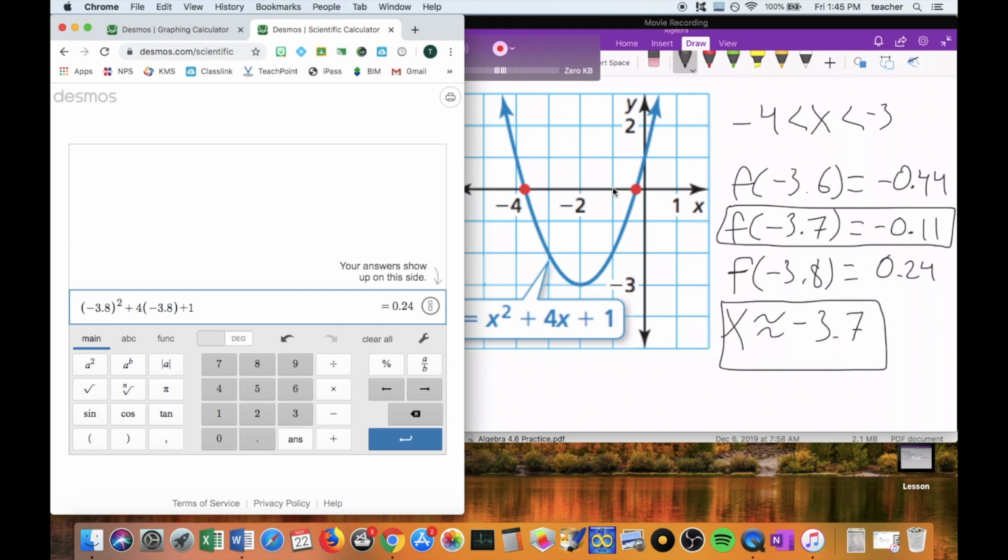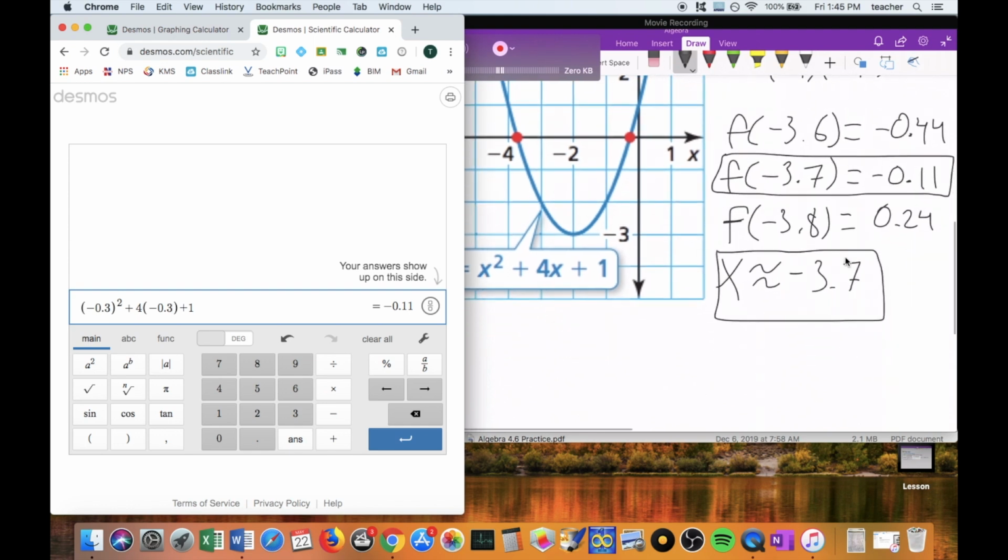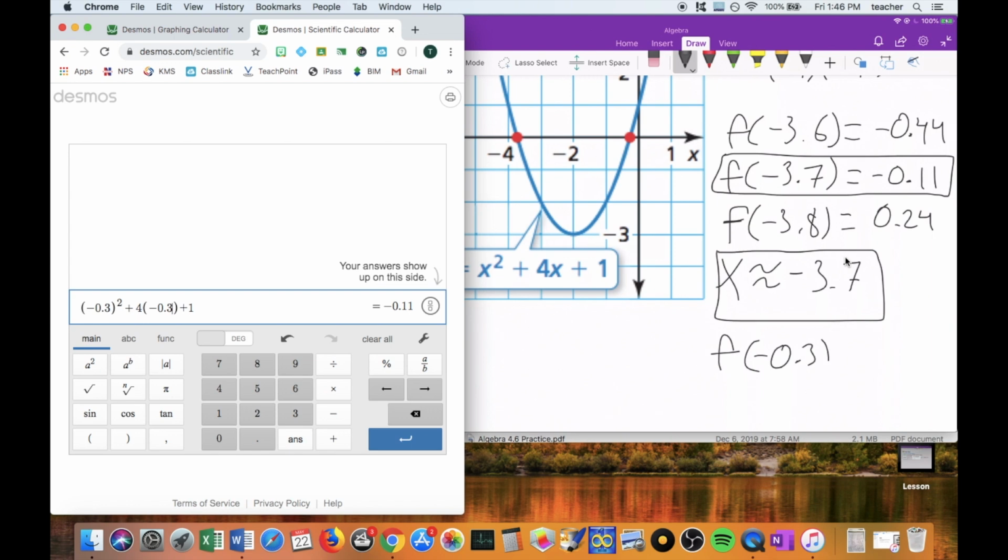So I'm going to try negative 0.3 and see what happens. I'll plug it in here as well, and I get negative 0.11, which is no shock that it's the same value. So this is going to be f of negative 0.3 equals negative 0.11.